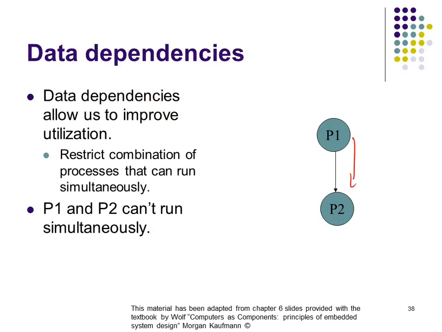While I'm here, how do I create this dependency? How, in a real-time system, would I ensure that P1 has to finish before P2 can begin? So if I put right at the start of P2 sempend, and at the end of P1 I put in sempost, then P1 will finish and then go run P2.